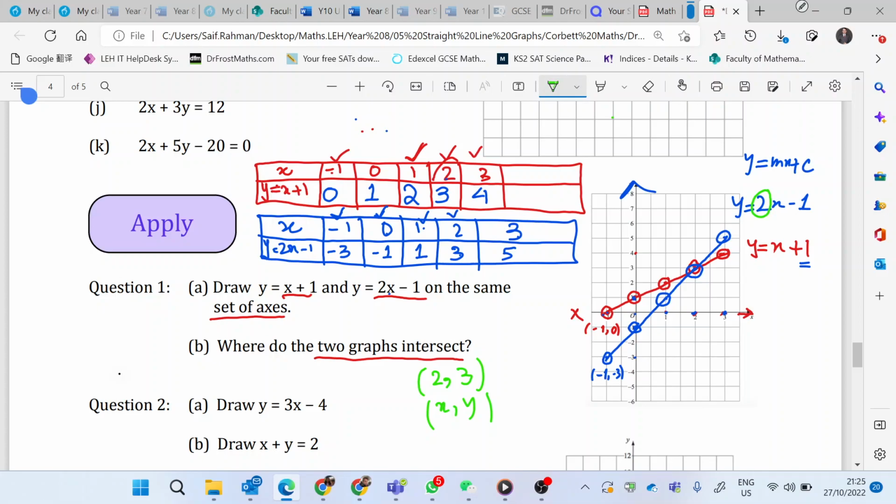And this is pretty much our answer for this question. But if you see in the table of values also, in both of the values the x and y coordinates 2 and 3 are the same. So we can also know that this is the intersection point of these two lines.